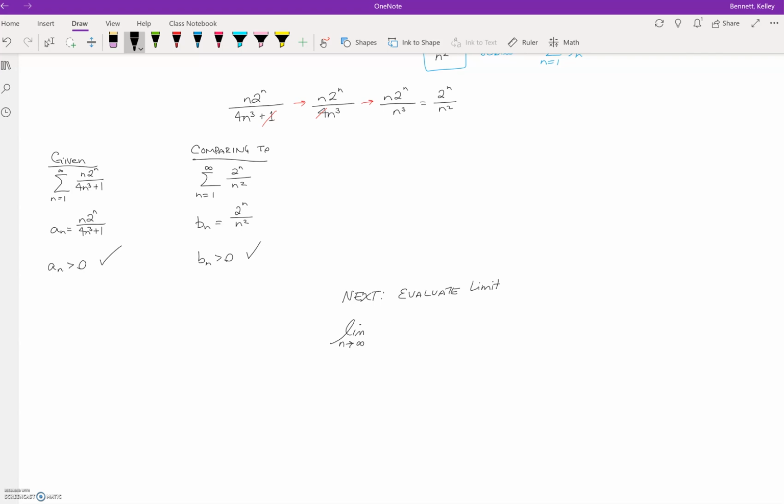I guess I'll just do a sub n over b sub n. And what's going to happen here is I get the limit as n goes to infinity of n times 2 to the n over 4n cubed plus 1, and that is going to be over 2 to the n over n squared.